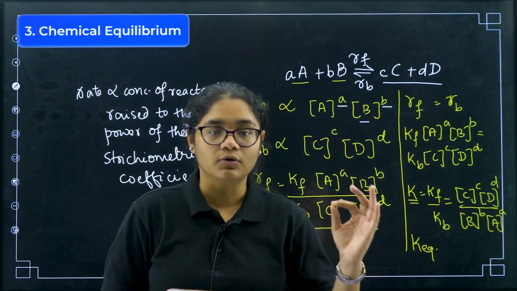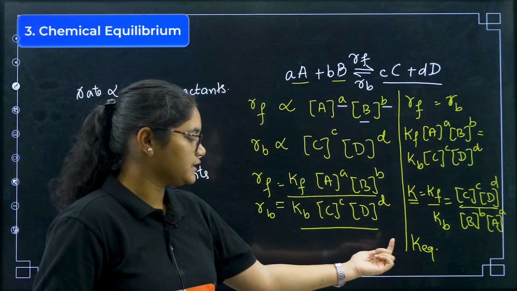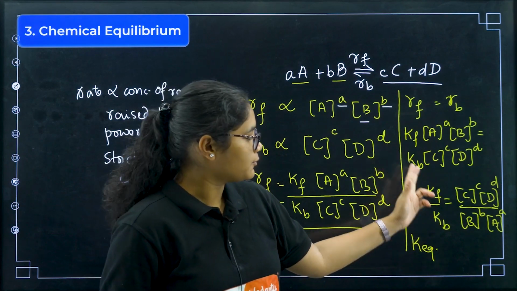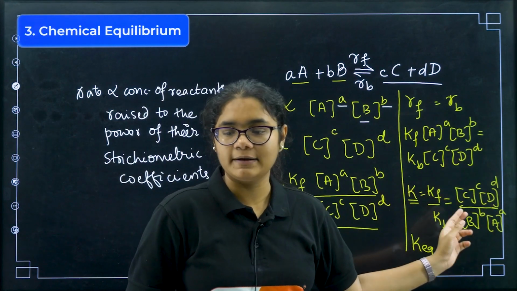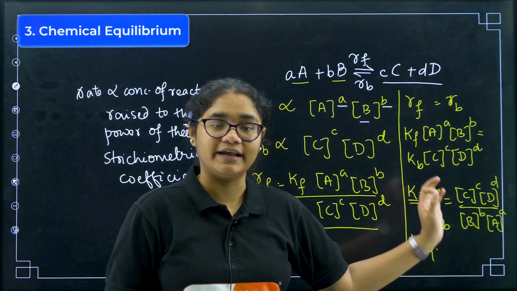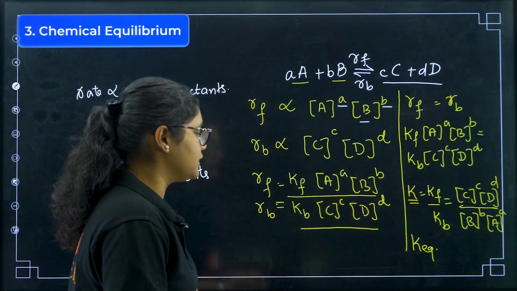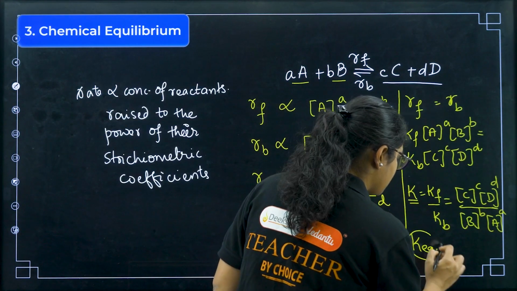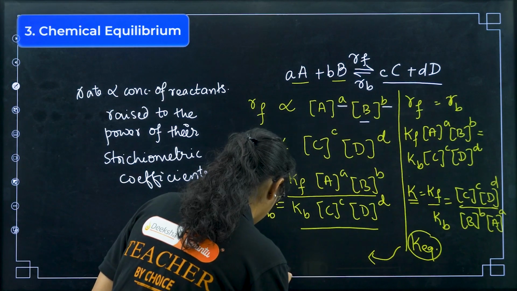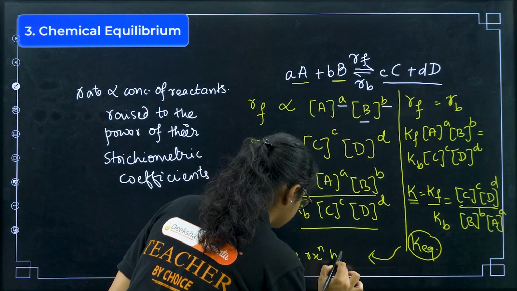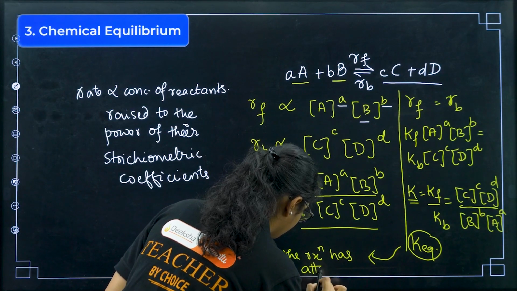What does the equilibrium constant tell you? It gives you the ratio of the products' concentration divided by the reactants' concentration raised to the power of their stoichiometric coefficients. And remember, we can calculate this K equilibrium once the reaction has attained equilibrium.